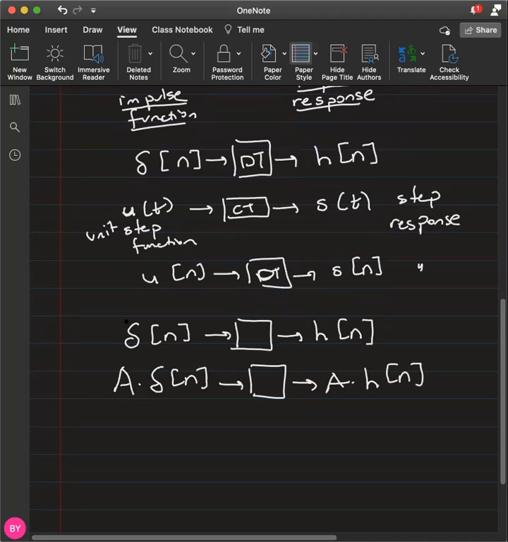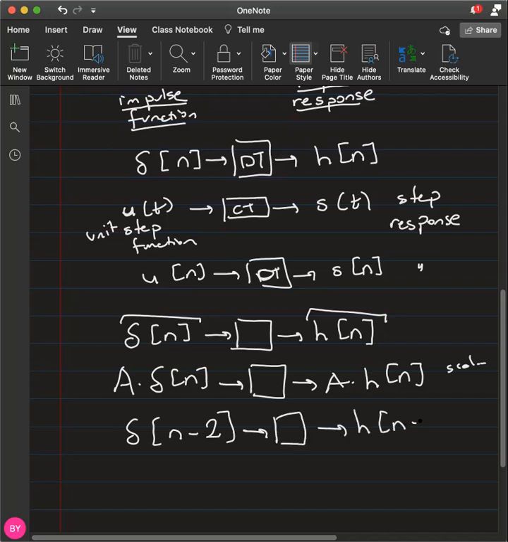If I multiply the input by a, I should multiply the output by a. This was scalability. If I have Dirac n minus 2 samples, then I should have h of n minus 2. This is time invariance, if you remember these two topics.